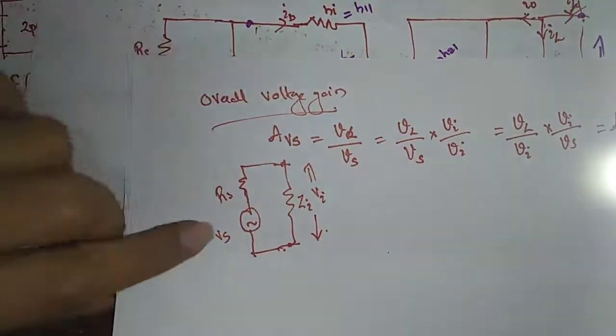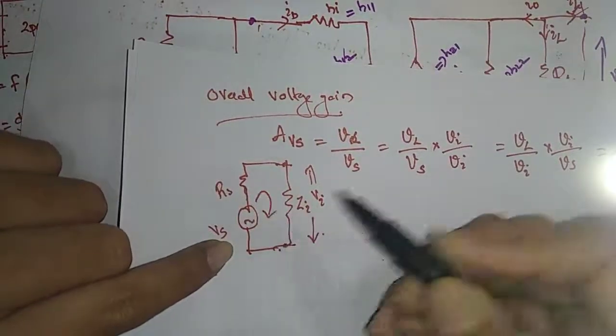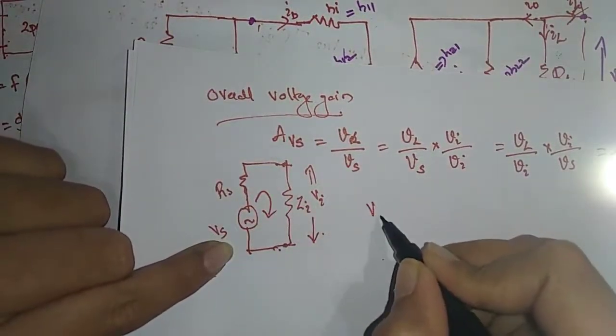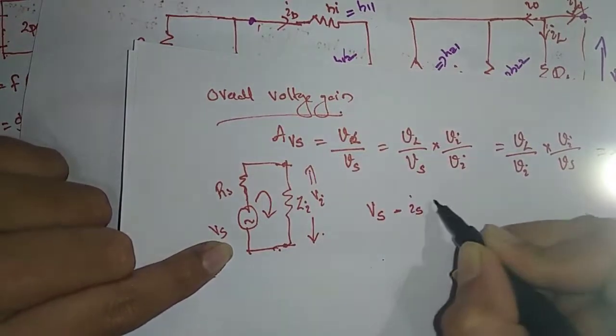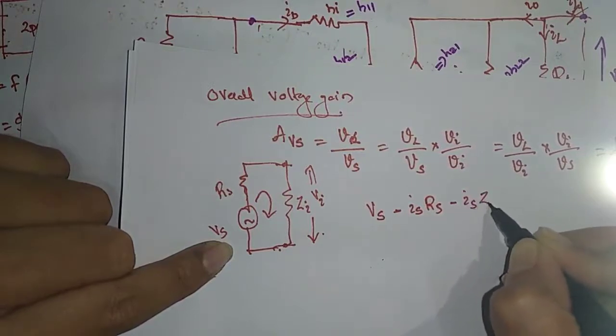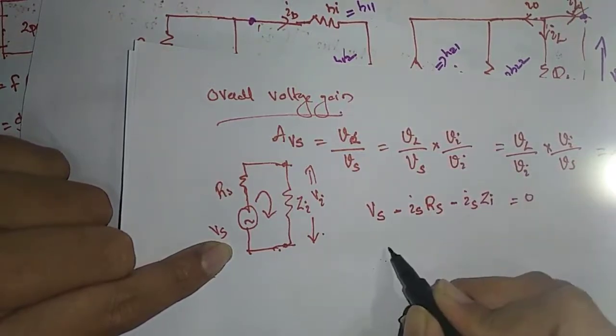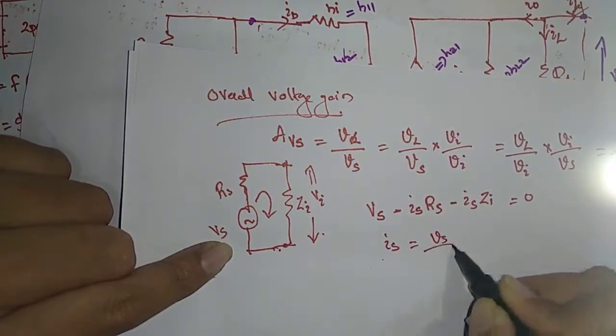How can I solve this? I am solving with Kirchhoff's voltage law. I can write Vs minus Is into Rs minus Is into Zi is equal to 0, or I can say Is is equal to Vs by Rs plus Zi.